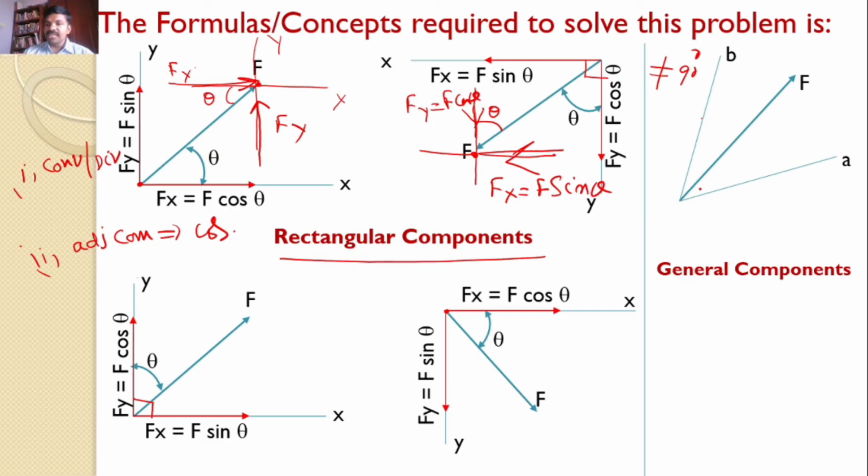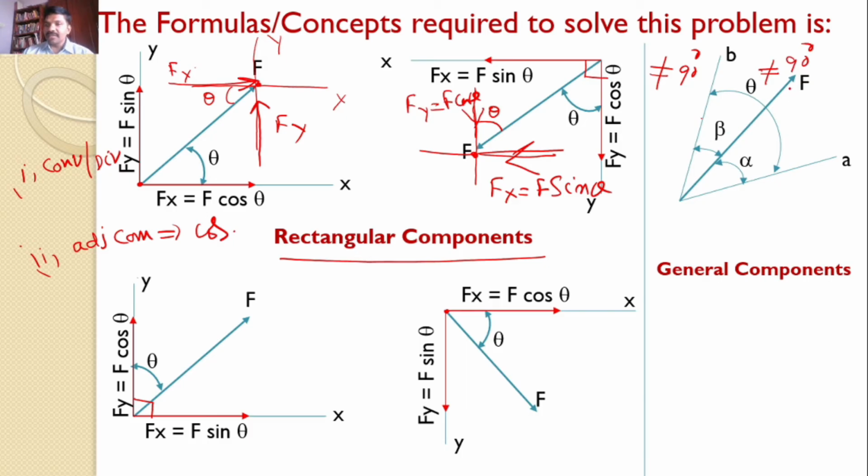For example, consider this force F, I want to resolve along A and B. The angle between A and B is not 90. Let the angle between F and A be alpha, the angle between F and B be beta, and the angle between A and B be theta, which is not equal to 90.